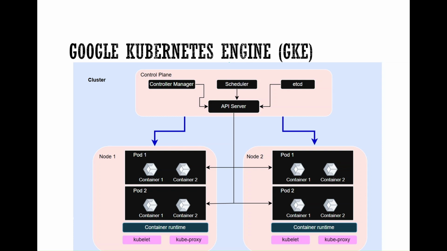Each node contains pods, then a container runtime, and then kubelet and kube-proxy. I will come to these details later, but to understand, this is what makes a node where your pod is running.